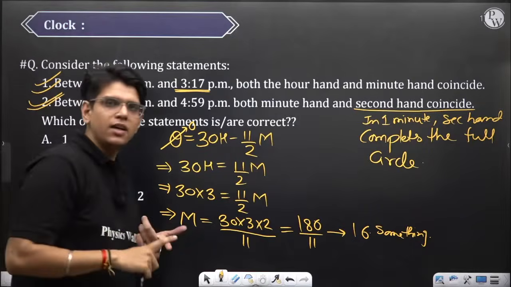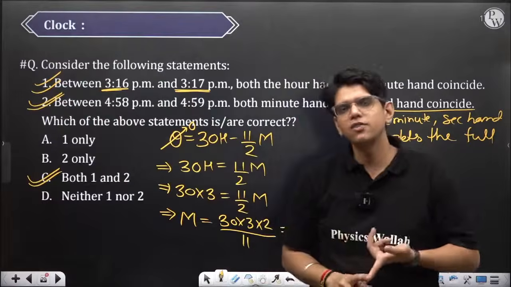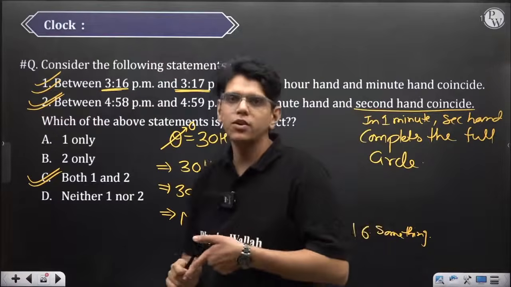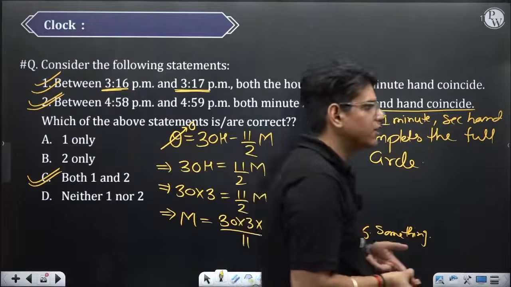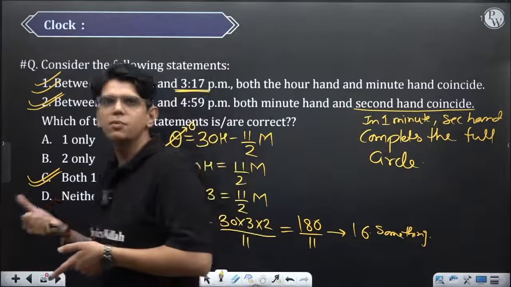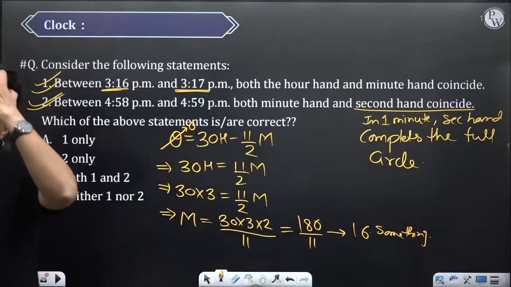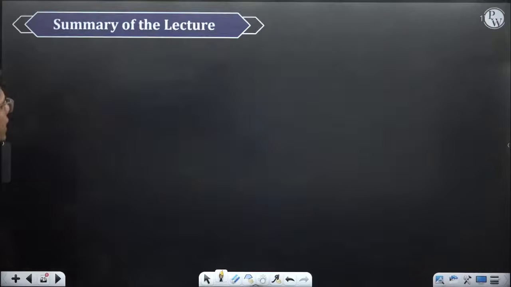So we have learned how the minute hand and the hour hand move relatively. After that, we have seen how to calculate the angle between the two hands. Okay, how many times in 12 hours and 24 hours the hands will coincide, the hands will be opposite to each other, the hands will be at 90 degrees to each other. Okay, right?